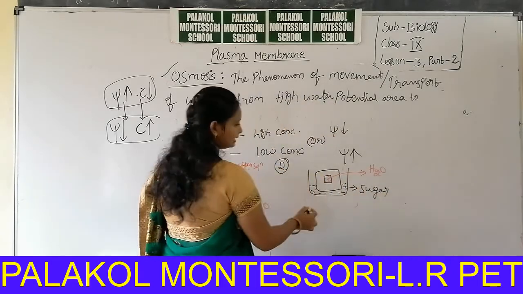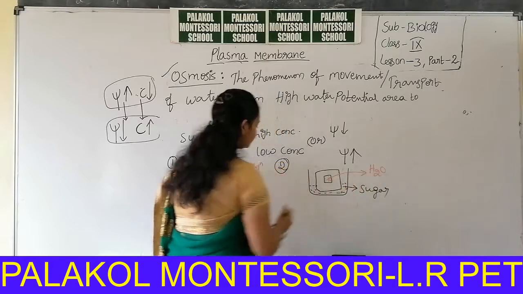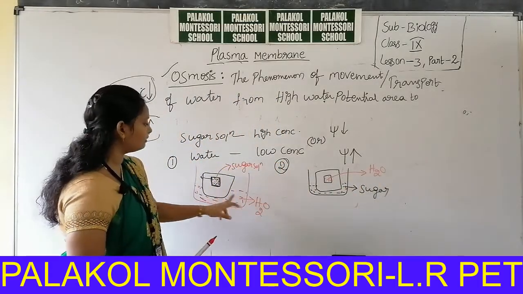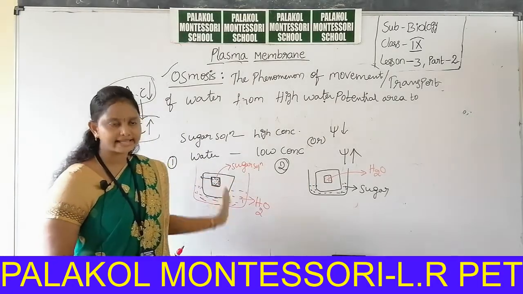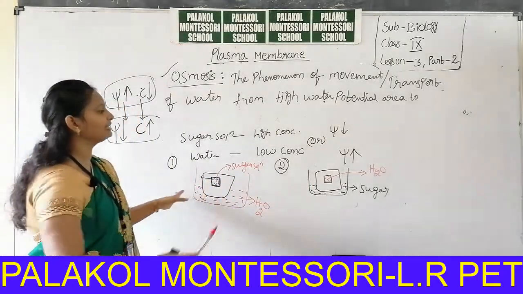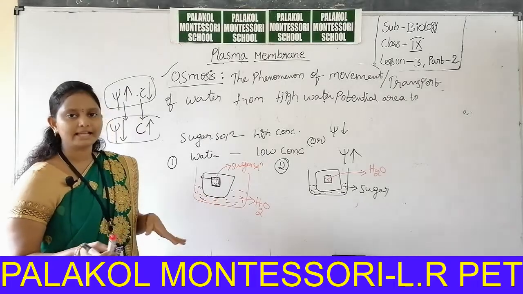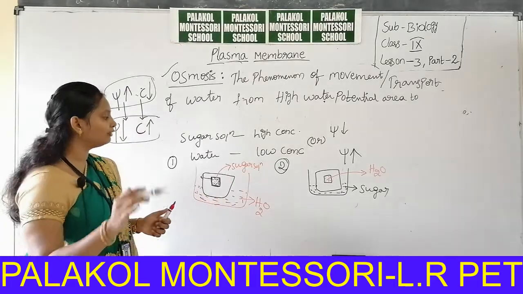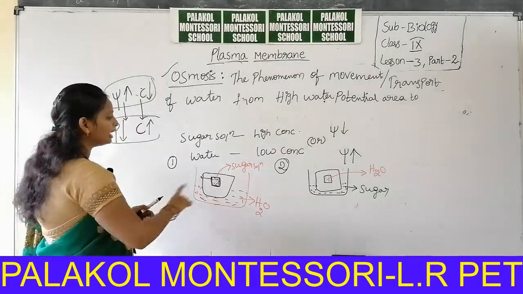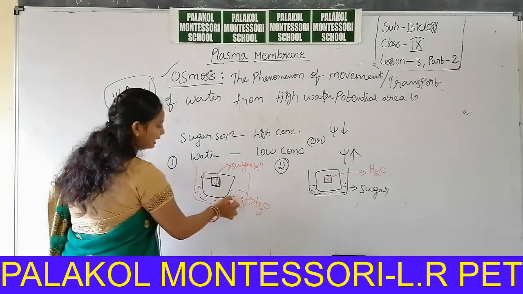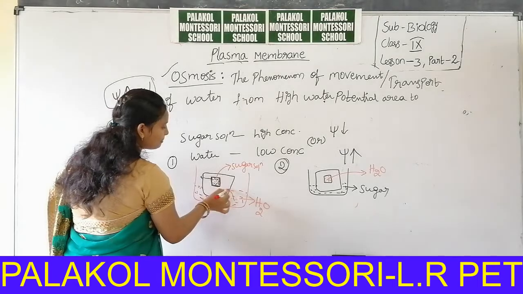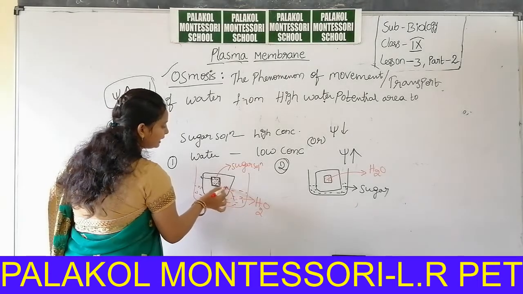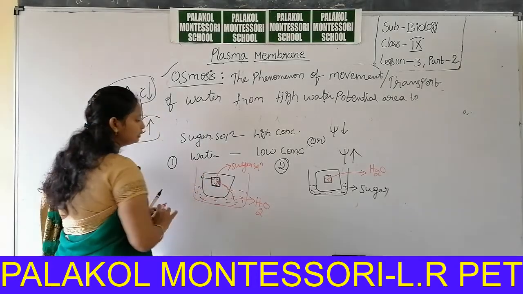Now in this case, sugar present outside, water present inside. In the first case, water present outside and sugar present inside. These are the two cases, two examples. Leave this experiment for some time.